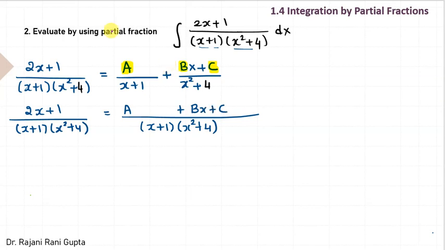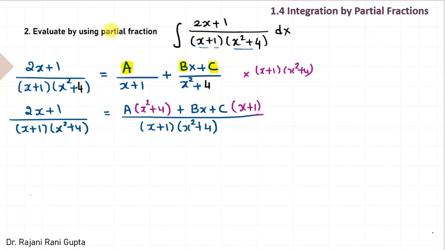Okay. So again, doing it in the same way, if you multiply this entire thing with x plus 1, x square plus 4, then with a, x plus 1 gets cancelled. So you have x square plus 4, and with b we will have x plus 1.